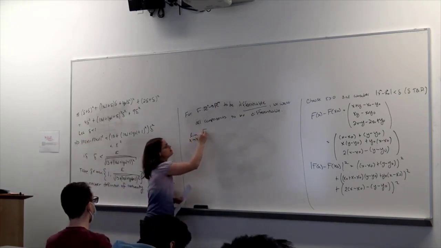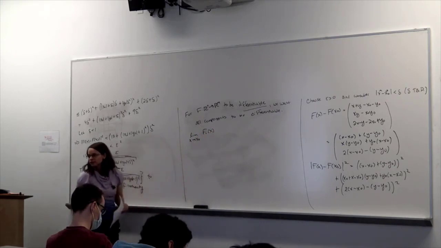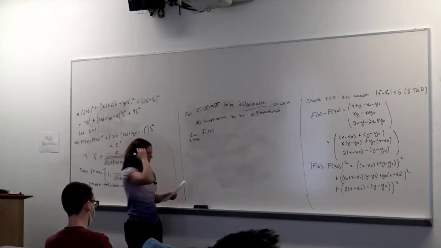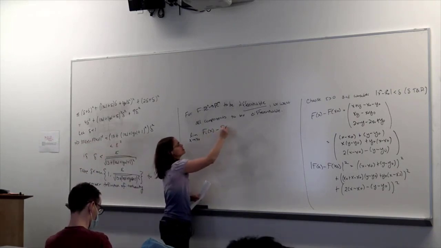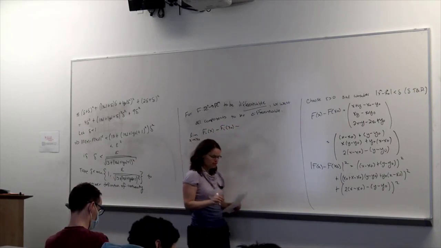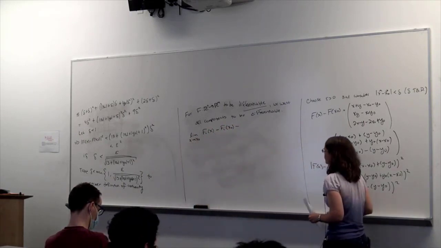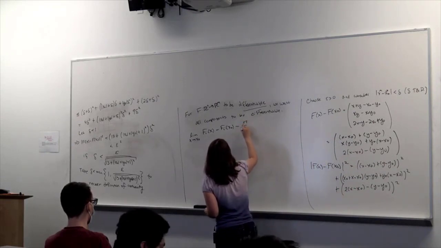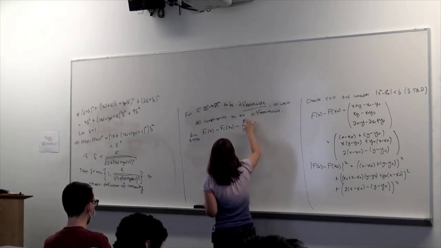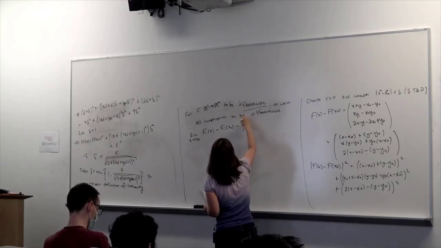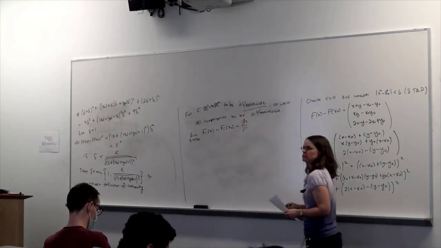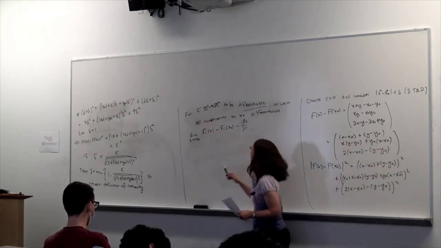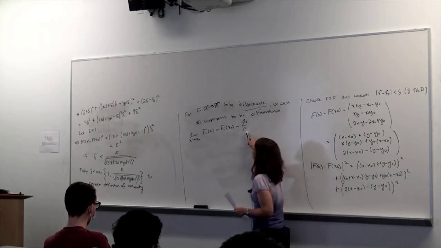So fi of x is now a scalar valued function for each of these i's from 1 to m. So we want this minus the function at x naught minus, we have to sum through all the partial derivatives up to n. Right, f is a function of n variables, so we have n different partial derivatives to sum over.